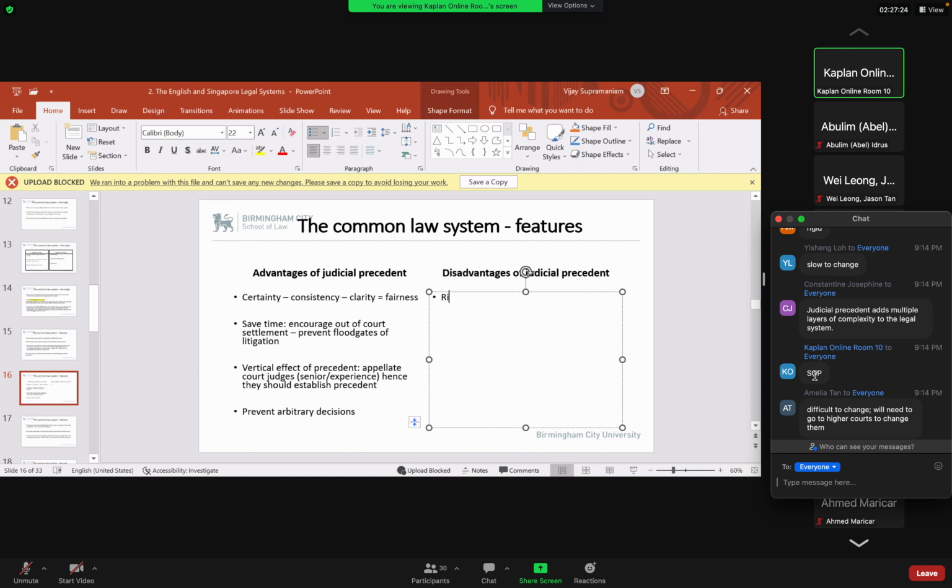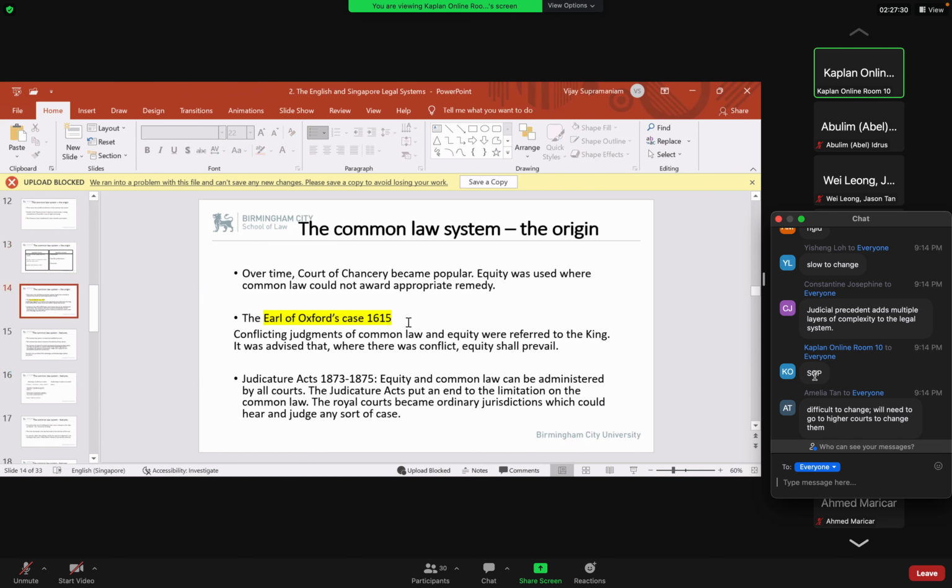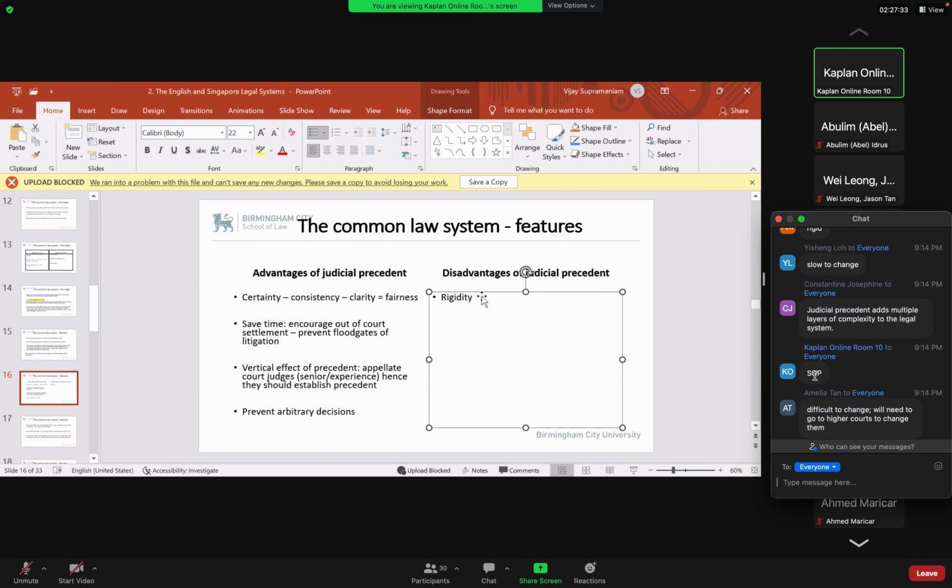So firstly, let's talk about rigidity. When it comes to rigidity, what Amelia and Yisheng said will come under that explanation here. This rigidity illustrates that outdated laws can continue to apply. Why is it that outdated laws can continue to apply?